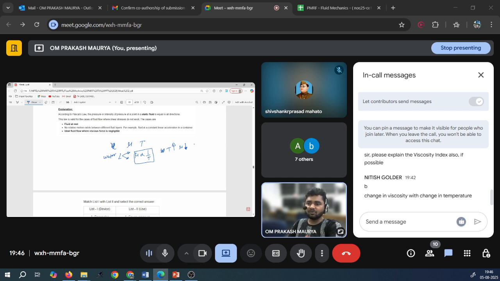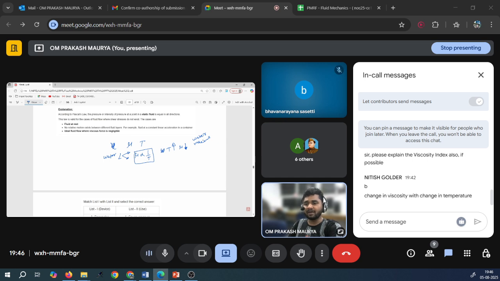Because the molecules, as I am taking the example of water, that's why I am writing here water. The water molecules, the internal energy of the molecules is reduced.